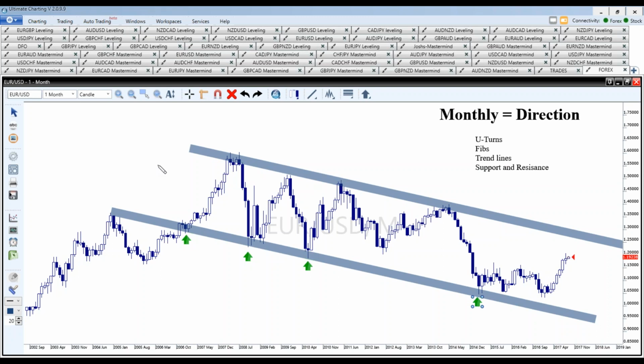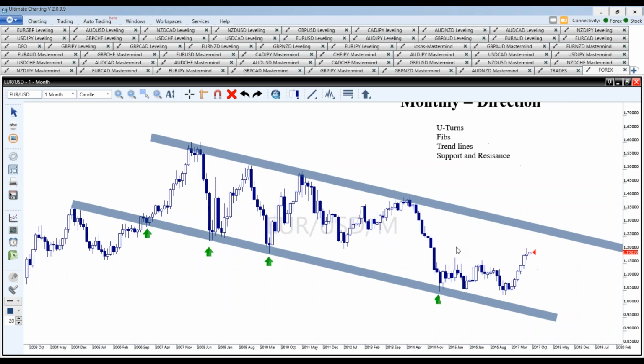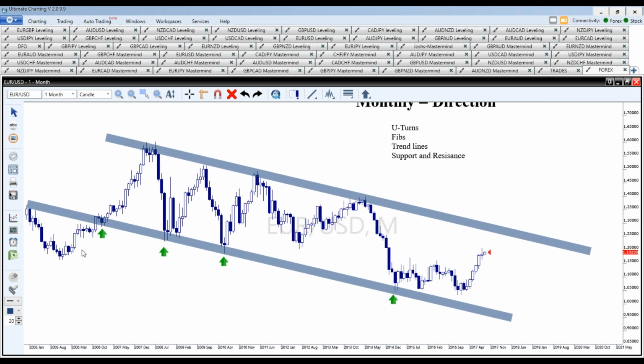Now, if this market is completing the pattern which has been around since 2005, U-turn, U-turn, U-turn, and the market's on its way towards the top blue level, the question is, does the market move in straight lines or does the market move in waves?